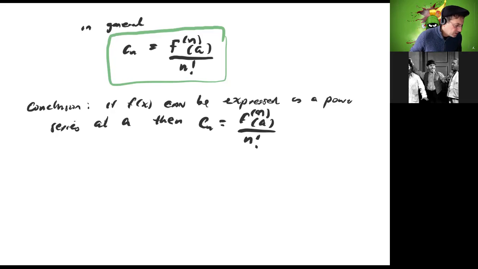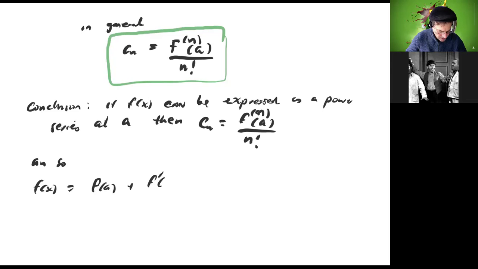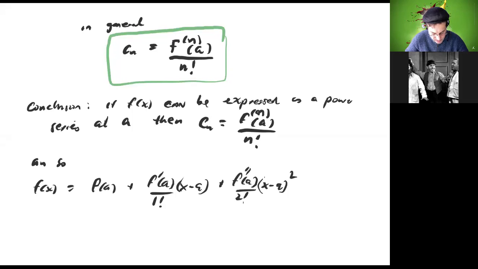That's the conclusion. And so what you get is f of x equals, c0 is not c0 anymore, it would be f of a plus f prime of a over 1 factorial times (x minus a) plus f double prime of a over 2 factorial times (x minus a) squared plus the third derivative of f evaluated at a over 3 factorial times (x minus a) cubed, and so on.